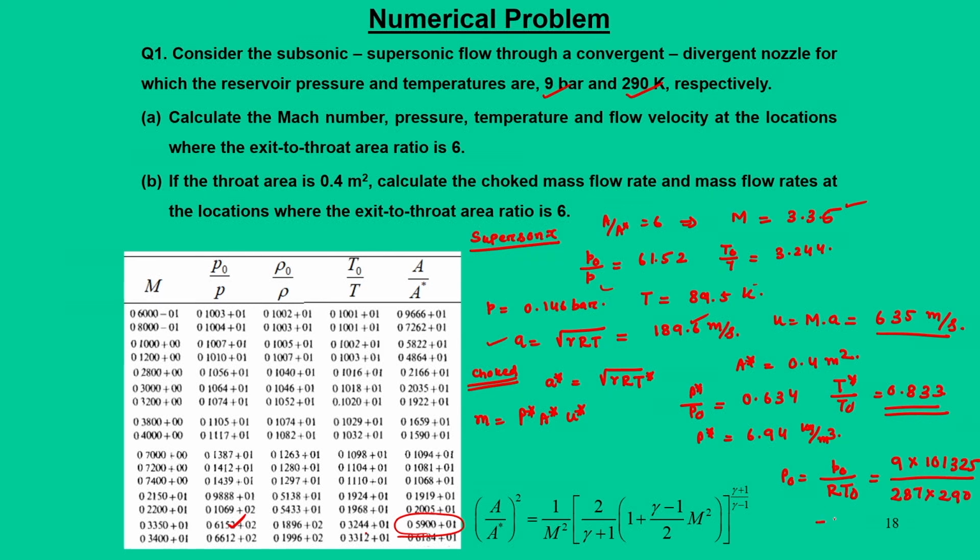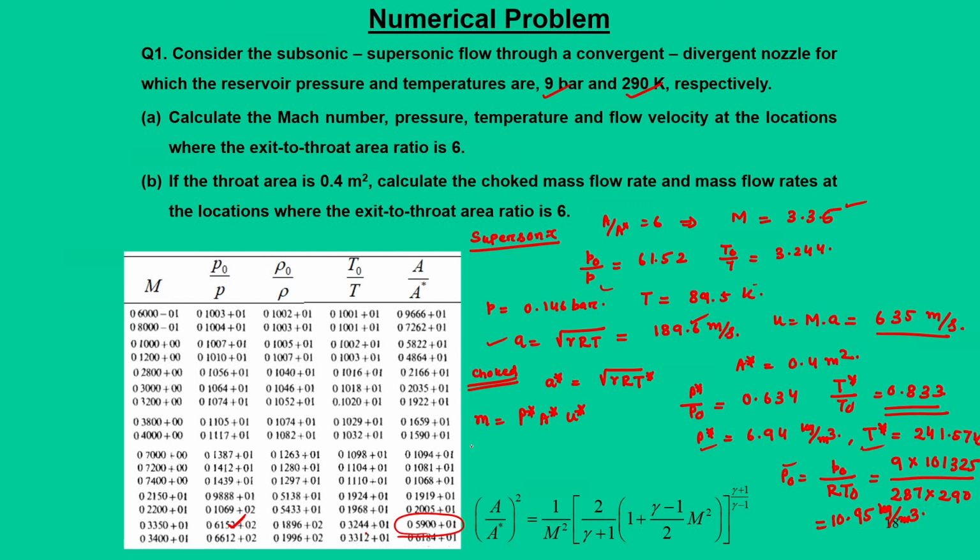So, rho naught would be 10.95 kg per meter cube. So, when you have rho naught, we can find out rho star. Then T star, T naught is given 290, so T star would be 241.57. So, T star is known to us.